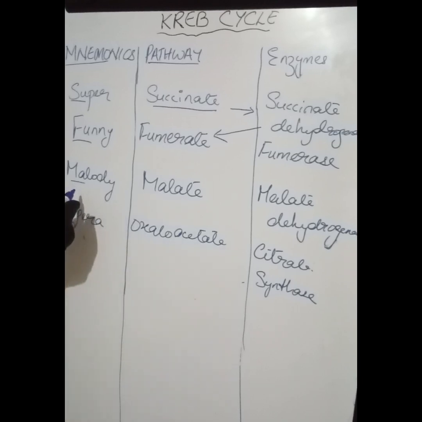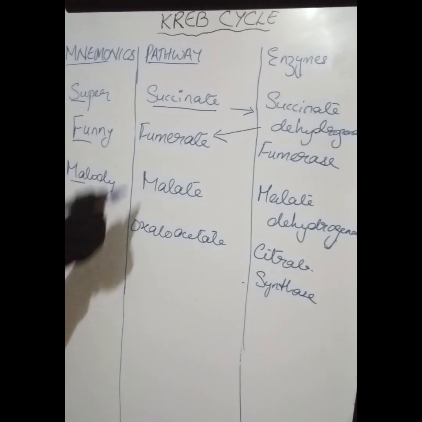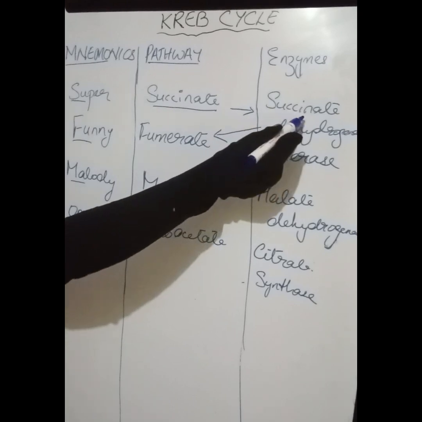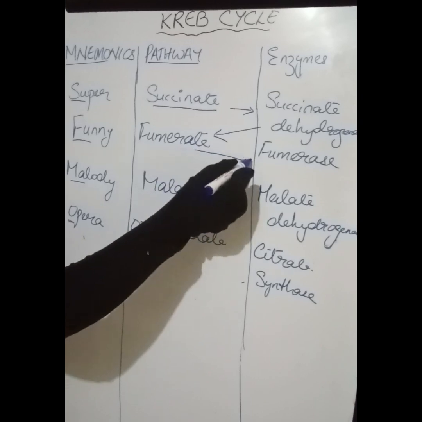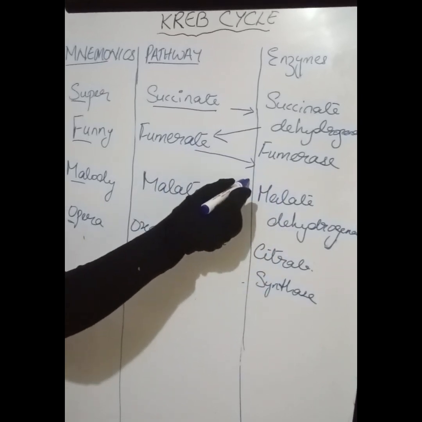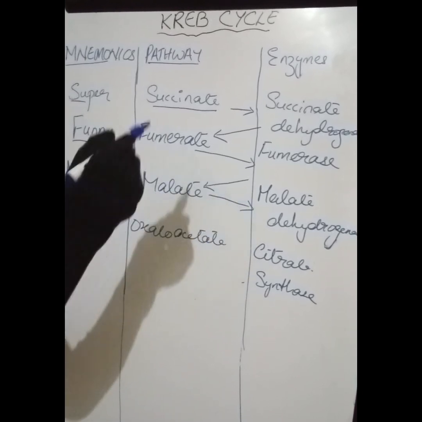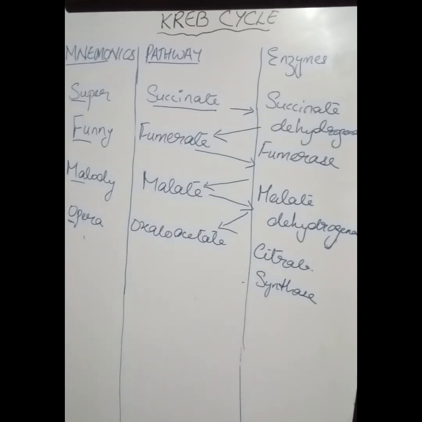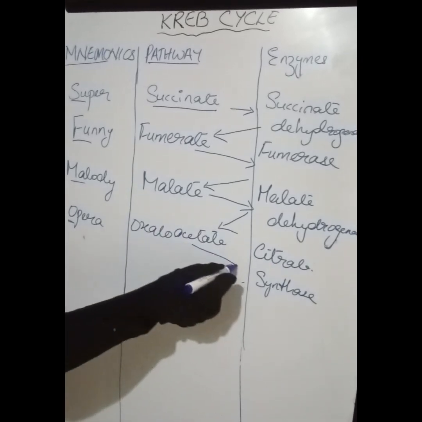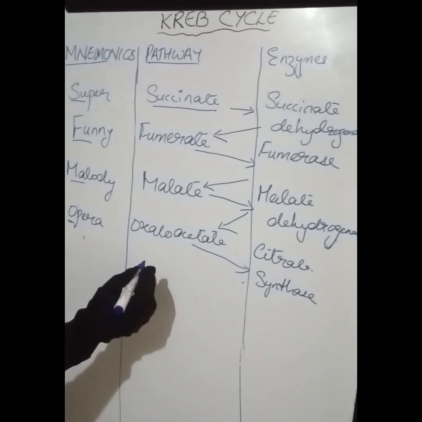I just made it melody, not melody, because I wanted MA to remember malate. So succinate uses succinate dehydrogenase to produce fumarate. Fumarate uses the fumarase enzyme to produce malate. Malate uses malate dehydrogenase to produce oxaloacetate.